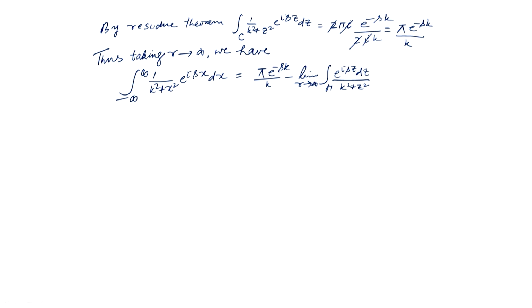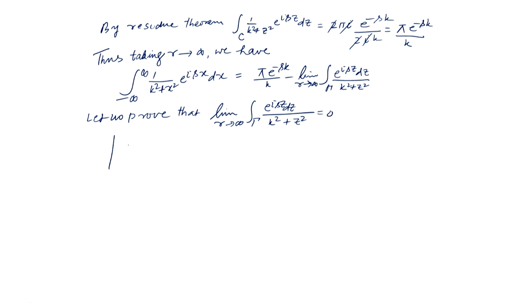So, we can show, like we have shown in the article, let us prove that the limit as r tends to infinity of the integral over gamma of e to the power isz dz over k squared plus z squared is equal to 0.